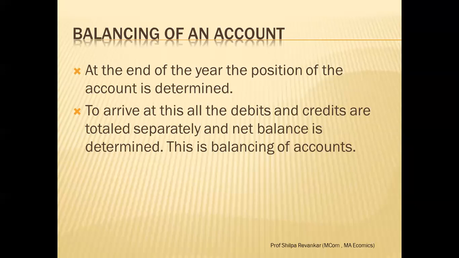So this act of finding out the balance, say there are 5 types of debit items and 6 types of credit items: whichever side, debit or credit, is more, that is totaled, and the same total is written on the other side, and the difference is found out. That will be the balance of that particular account. So for assets, we have a debit balance. For liabilities, we have a credit balance.